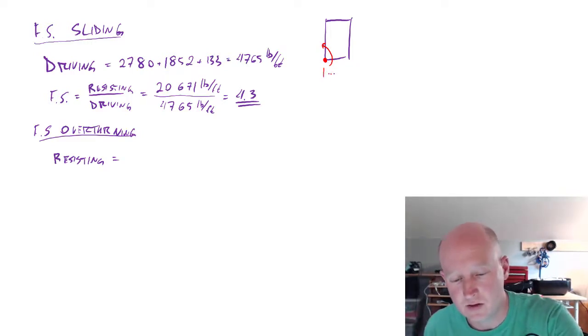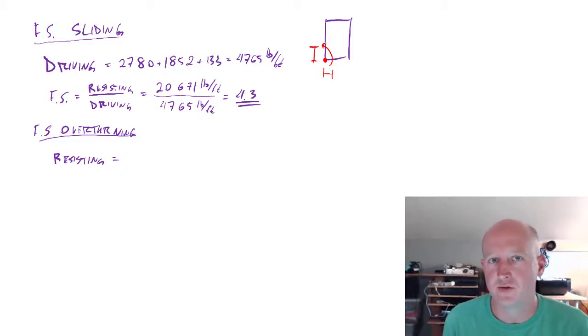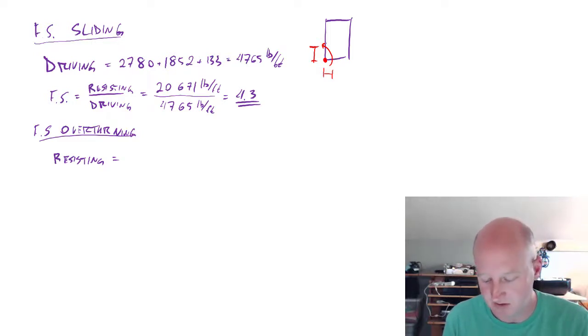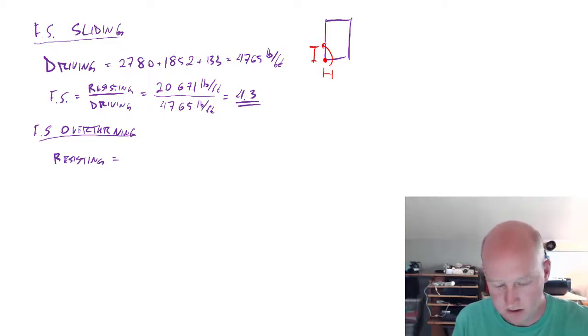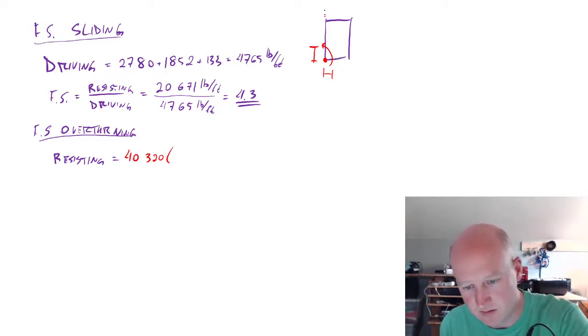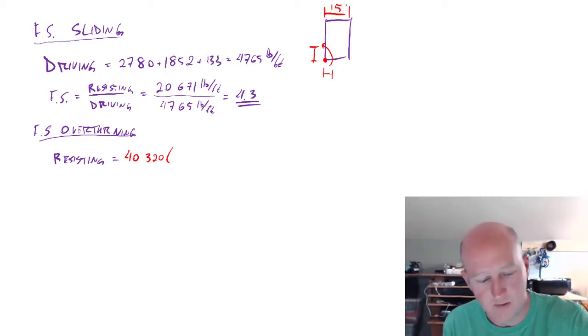And so we need to know what are these moment arms in each of these directions, depending on which direction the force corresponds with. So the first resisting force is the weight of the footing, and that happens at the centroid of the footing. So that's 4320. And so its moment arm is going to be the dimension 15/2.